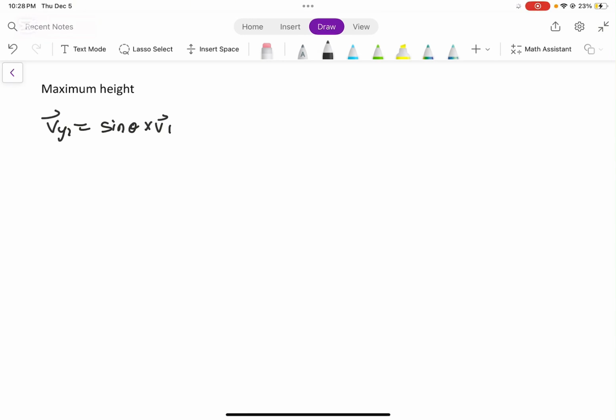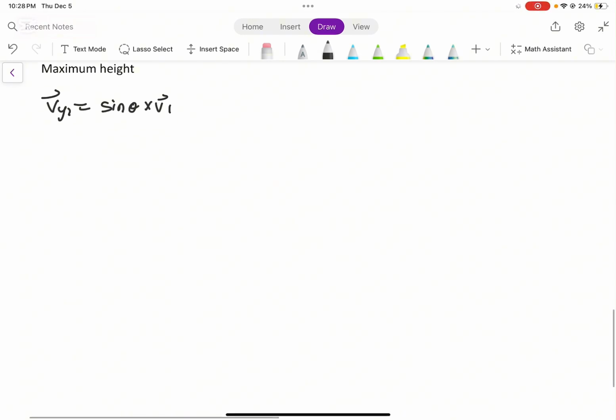We have that. Now we have v2, which is equal to 0, because at the max height it stops for a split second, which means v2 is equal to 0. Okay, now we have that as well.